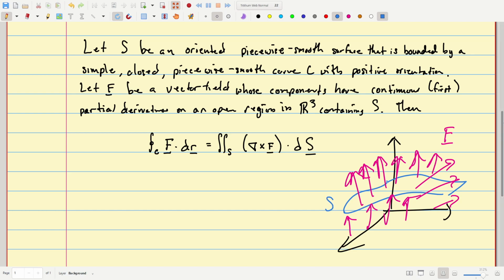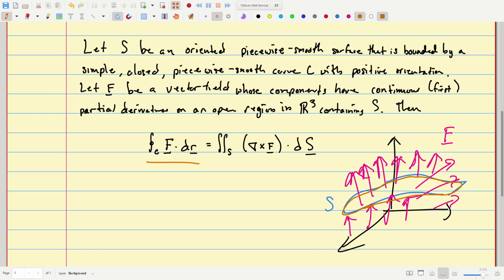Okay. And what is going on here is Stokes' theorem is relating the idea of integrating over the boundary to integrating with respect to the surface in this vector field.